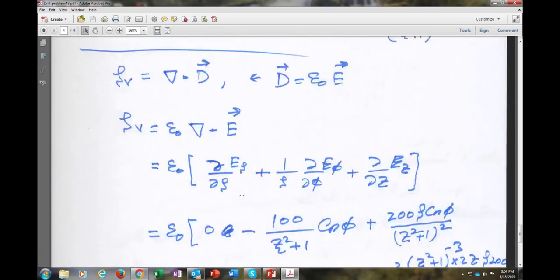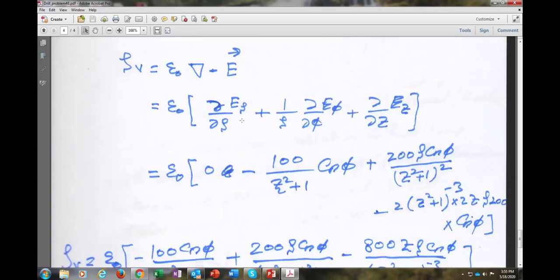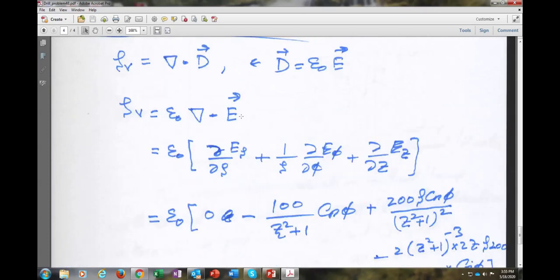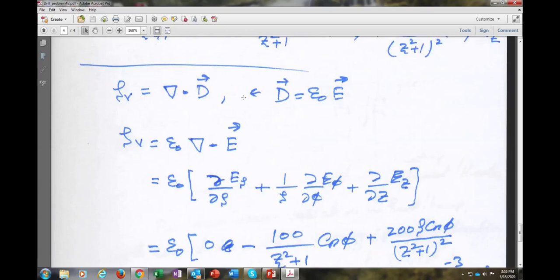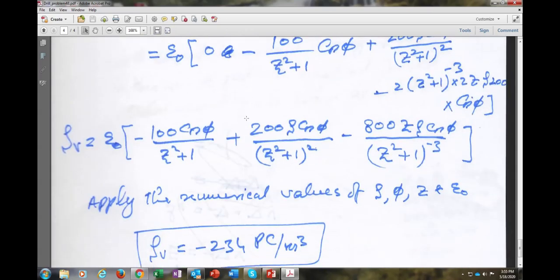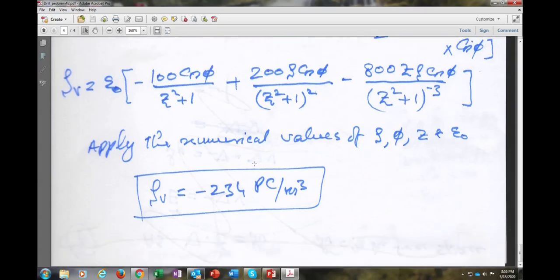So using this relation and the electric field expression, differentiate the electric field expression with respect to rho, with respect to phi, and with respect to z, and after some mathematical manipulation and using the numerical values, we obtain the value of rho v equal to minus 234 picocoulomb per cubic meter, which exactly matches the answer given in the book.